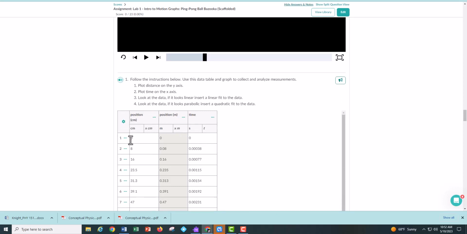Now, I'm going to want to make a graph of position versus time, but my position needs to be in meters, but right now it's in centimeters.